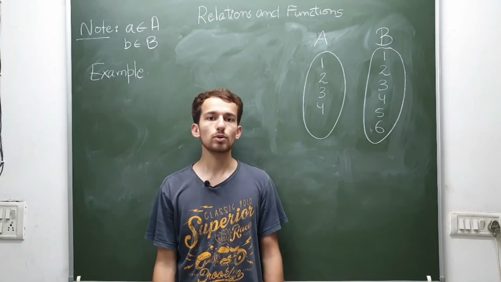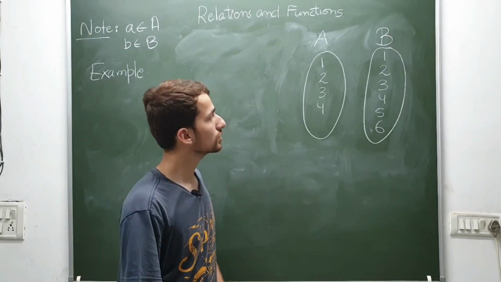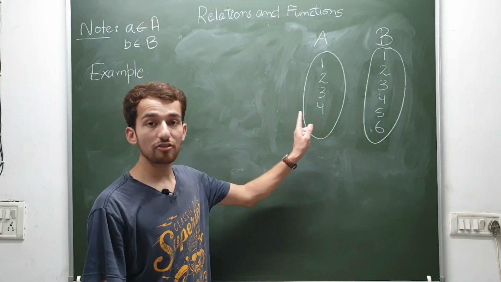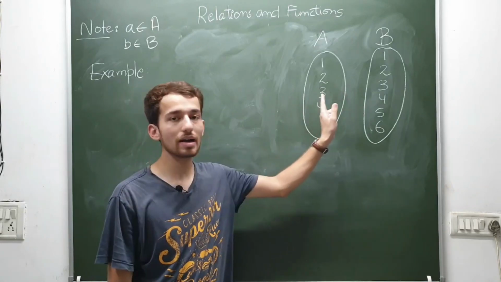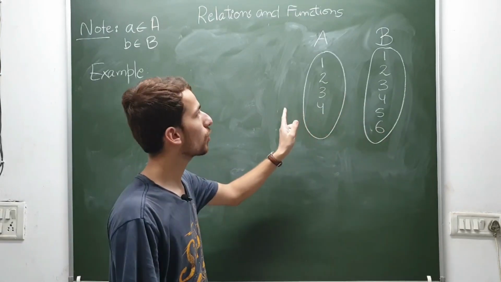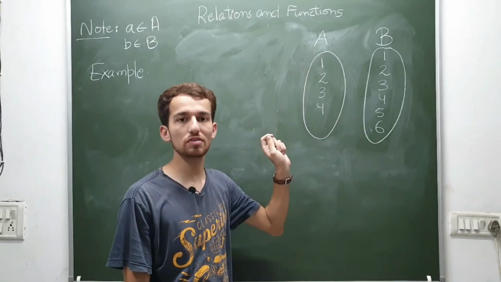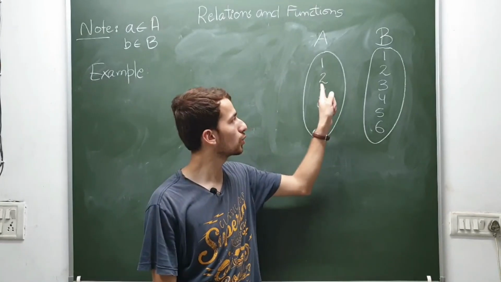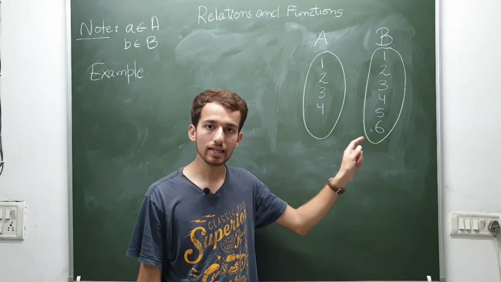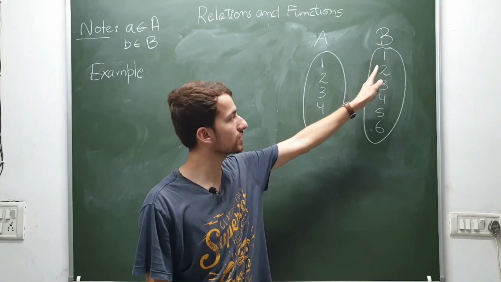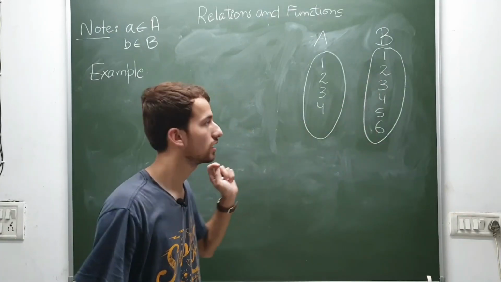So now let's try to understand an example. If you see now, I have filled these sets with some elements. I am calling this set A, which consists of these four elements 1, 2, 3, 4, and similarly I have filled set B with these 6 elements, 1, 2, 6.